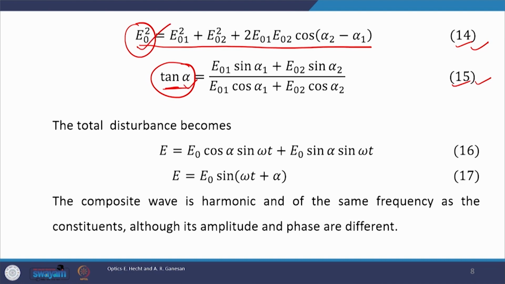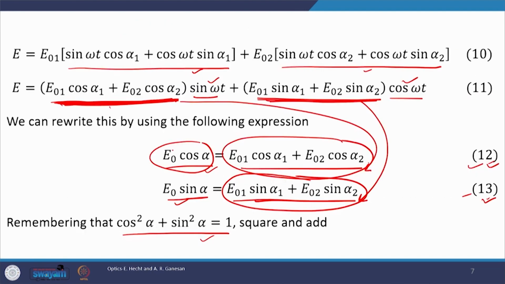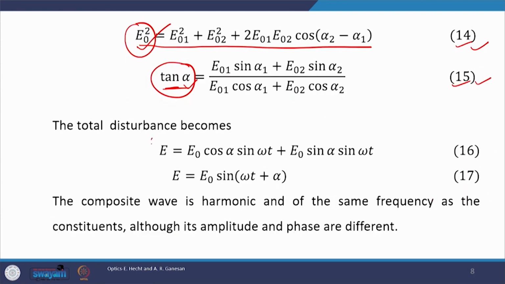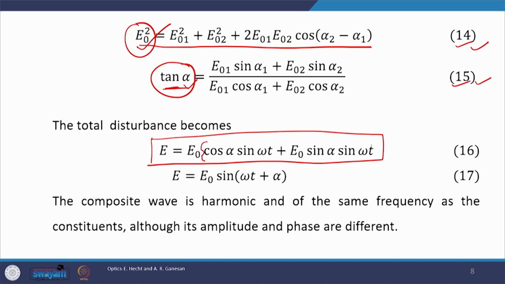Now, let us substitute equations number 12 and 13 back into equation number 11. If we do that, we will get this new expression for the total disturbance. If you take E naught out of the bracket and see this expression, it is nothing but the sin(A plus B) formula.